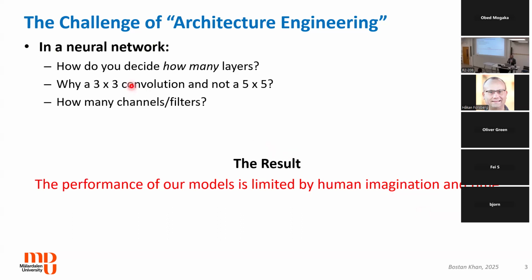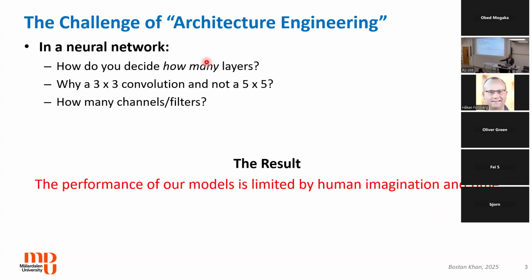When we were designing these architectures, a human had questions like: how many layers do we need in our architecture? What kind of kernel should I use in my convolutional neural network? Should it be 3 by 3, or 5 by 5, or 7 by 7? As an example, when AlexNet came in 2012, it used a really large kernel, 7 by 7.